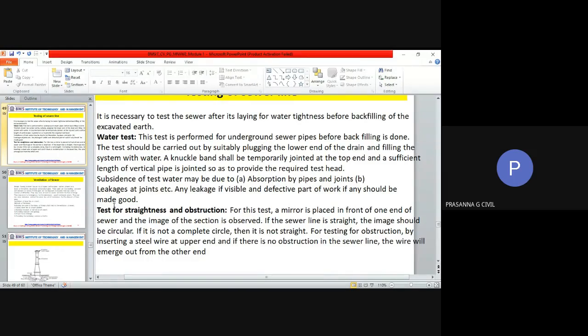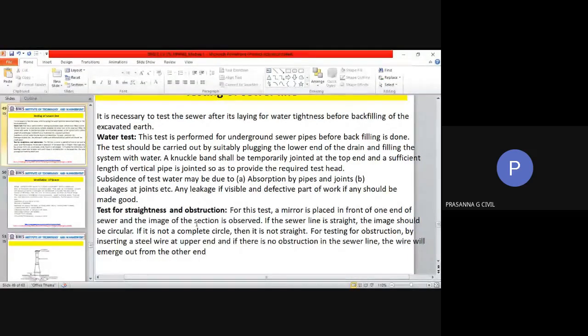So you test for straightness and obstruction. For the straightness, a mirror is placed in front of one end of the sewer and the image of the section is observed. If the sewer line is straight, the image of the sewer line will appear as a circular portion. If it is not a complete circle, then the straightness is a problem.